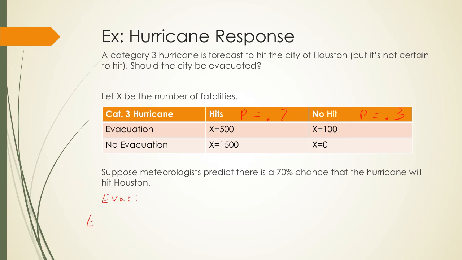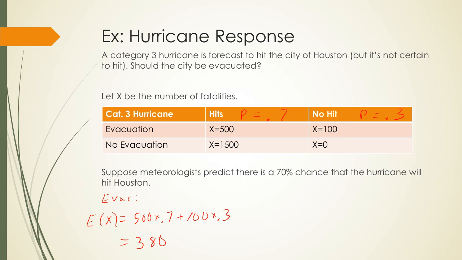And so we have E of x is equal to 500 times 0.7 plus 100 times 0.3, which comes out to be 380. That is, if this scenario were to repeat many times, with the hurricane sometimes hitting and sometimes not, on average 380 people would die during an evacuation.